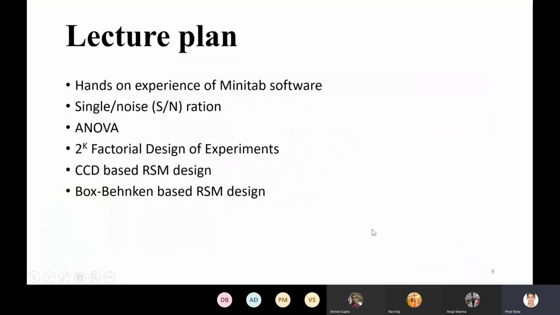First is the 2K factorial design, in which we will see the full factorial design and partial factorial design. Then we will see the CCD based RSM design, which is central composite design based response surface methodology design. Then we see the Box-Behnken based RSM design. Then we solve some real problems that I have used while writing a paper, and also try to use some software and understand the problem.